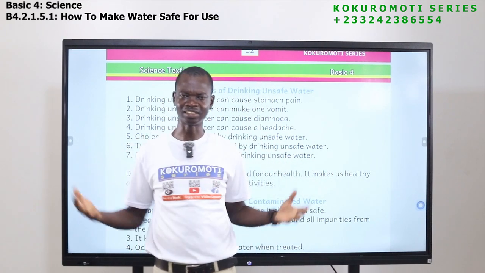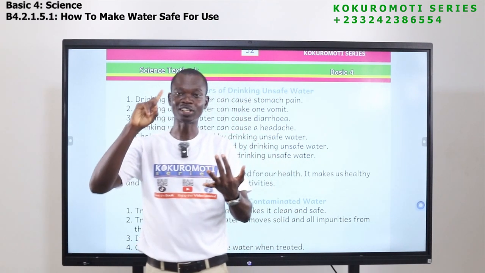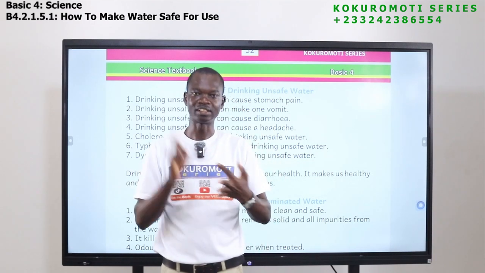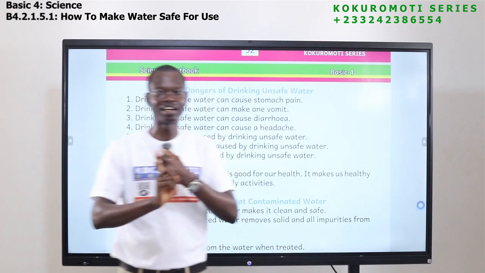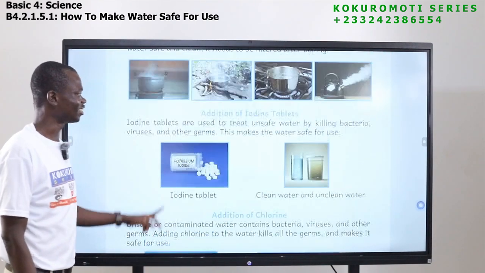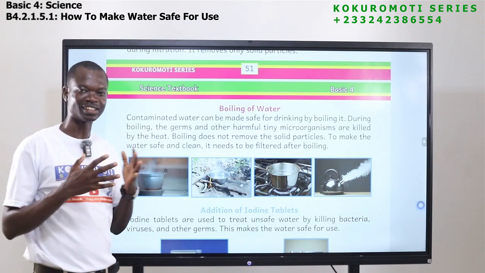And what are these diseases? We have seen that waterborne diseases: E. coli is one, cholera is there, diarrhea is there, dysentery is there. So these are some of the examples of what? Waterborne diseases.